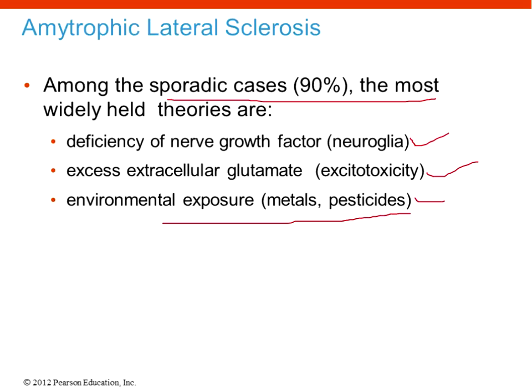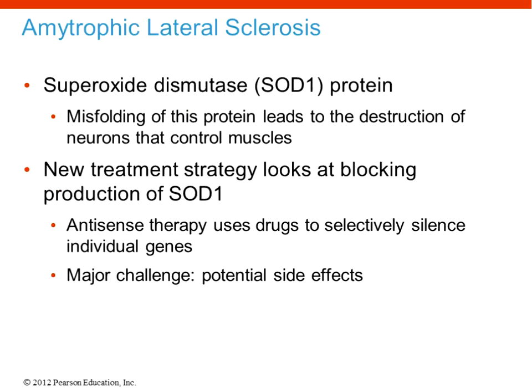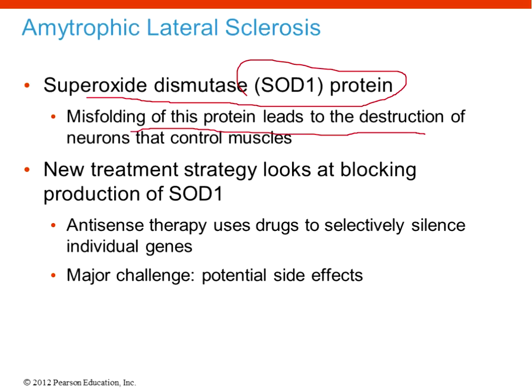The other 10%, again, are specifically related to mutations in genes. And so one of those, again, is the superoxide dismutase, SOD1 protein. Misfolding of this protein basically leads to destruction of these neurons that regulate these muscle contractions. And so there are some new treatments out there trying to look at perhaps blocking the production of SOD1, maybe silencing these individual genes.